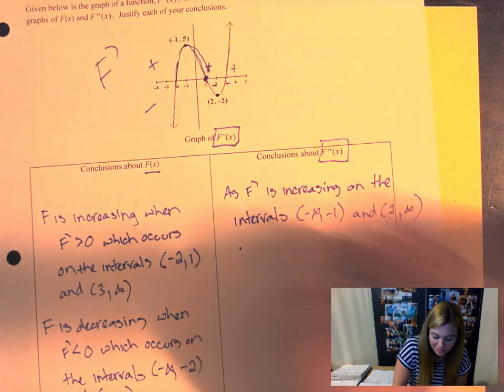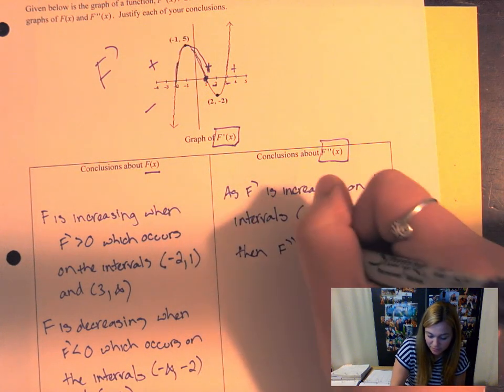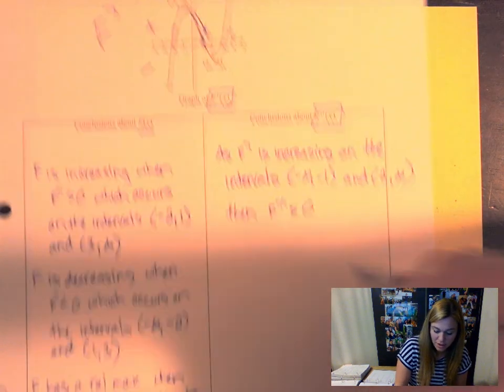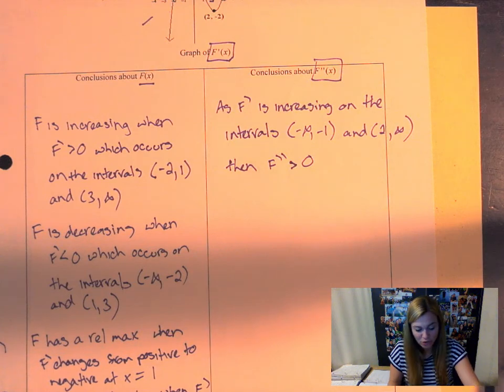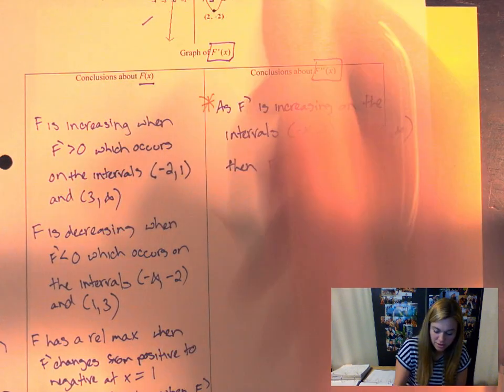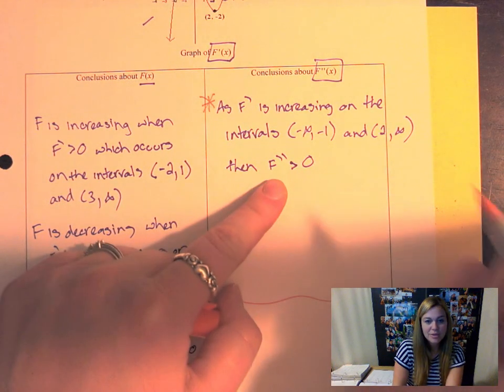That means then f double prime is greater than 0. And so I'm going to go off that for a second, and I'm going to put a little asterisk here. What does that mean if f double prime is greater than 0?